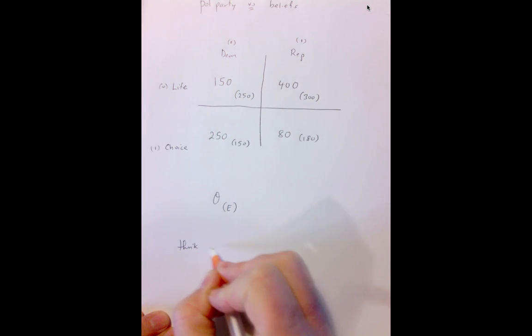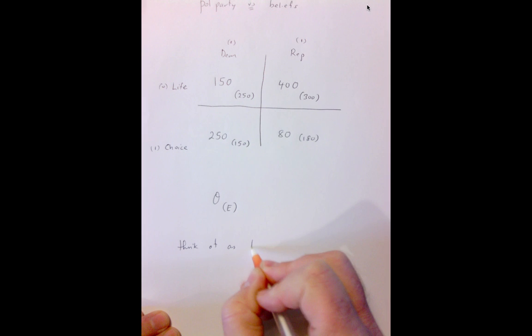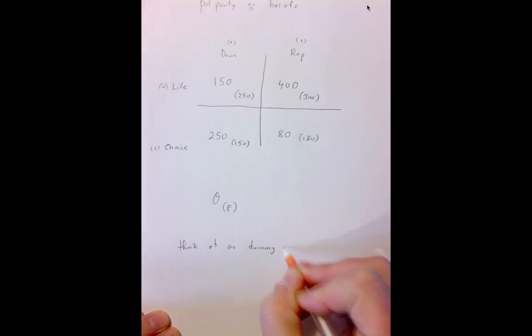Now, I want you to start thinking of these as dummy variables. Dummy variables are coded zeros and ones. And guys, we ran into dummy variables back in 5500 when we looked at multiple regression with categorical predictors. To remind you a little bit, if we just have a dichotomous categorical predictor, then we just use zeros and ones as default.